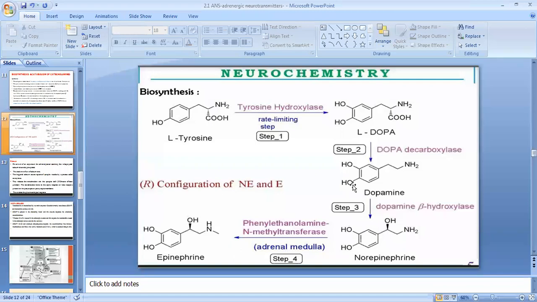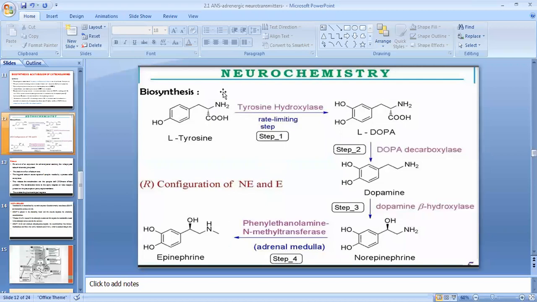So what are the steps involved in the synthesis of these neurotransmitters? L-tyrosine is hydroxylated by the enzyme tyrosine hydroxylase, which converts L-tyrosine into L-dopa. Now, this is the first rate limiting step.